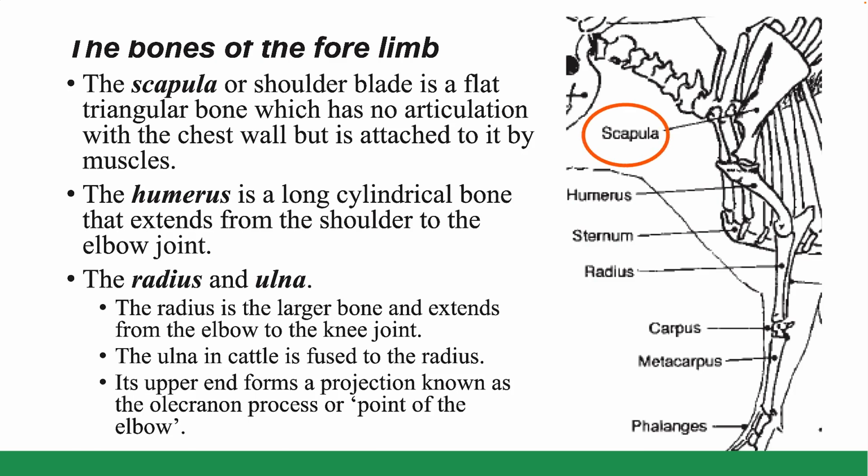The scapula is here, we have the humerus, and we have the radius and the ulna. But remember, cattle don't have an ulna. The radius and ulna are fused together, so we don't have a separate ulna in cattle. And then we have the carpus and metacarpus, which go down to the 2 digits, forming the phalanges.